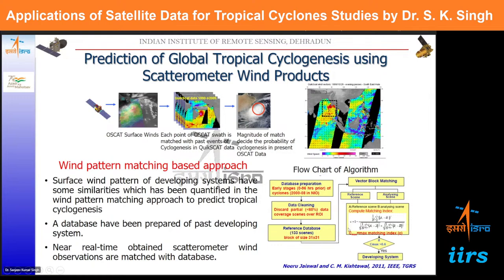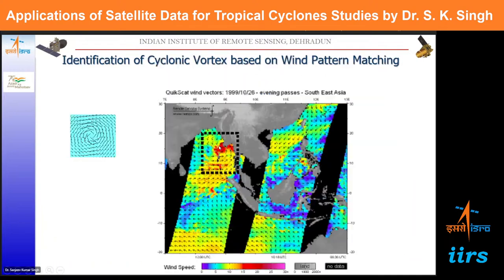Also, if the matching index is greater than 0.6, that low pressure has the potential to develop into a tropical cyclone in future. So they set the threshold for that low pressure: if this Cmax is greater than 0.6, only then will the low pressure develop into a tropical cyclone. How the matching is done: this is the database wind pattern and this is the real-time wind pattern.